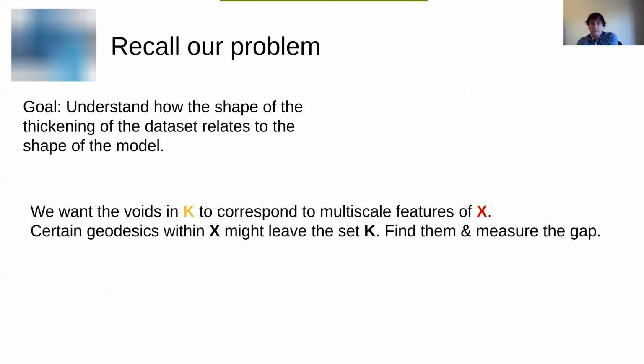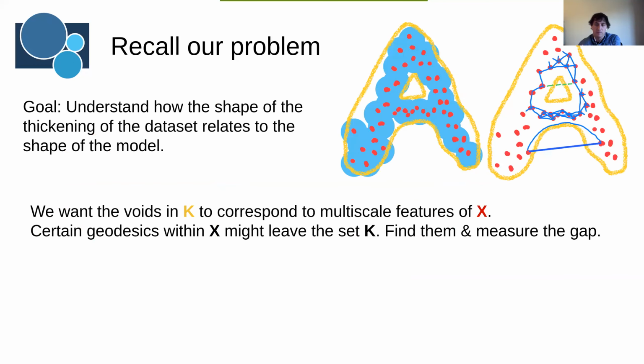Okay, so now let's get back to our problem. We want to understand the shape of a data set, and how that relates to the shape of a model. I gave you some examples before of why you might want the voids in one to line up with the voids in the other, and we'll see concrete examples at the end.